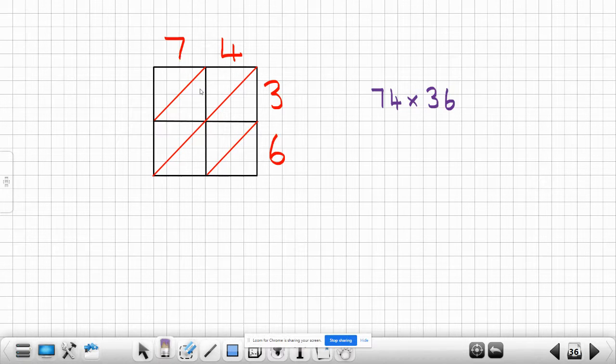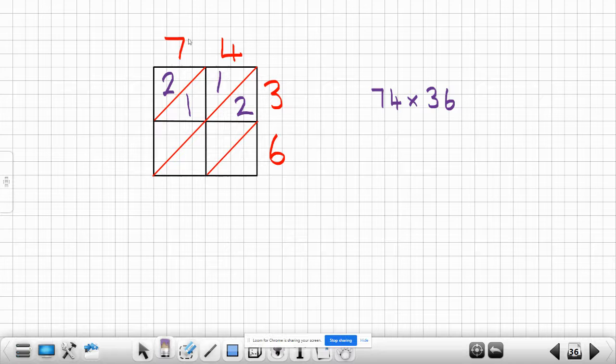So we've got 7 multiplied by 3, which is 21. 2 at the top, 1 at the bottom. Okay, moving along, we have 4 times 3, which is 12. 10s at the top, units at the bottom. So 1 at the top, 2 at the bottom. I'm now going to move down to here.